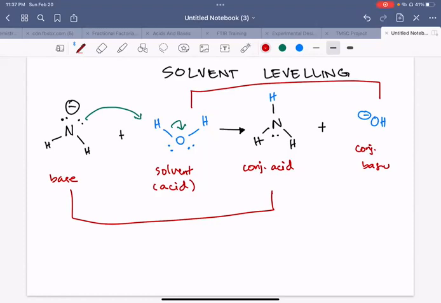Kaya siya nga phenomenon is ang solvent, dili gina siya musugot. Ang conjugate base sa solvent, dili gina siya musugot nga napay species nga mas basic pa sa iyaha. So, for example, you have an amide. Ang tendency when you have an amide in a water, na solvent, i-react gina ni water.